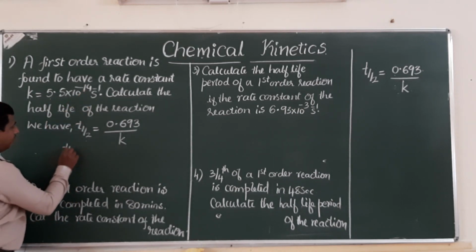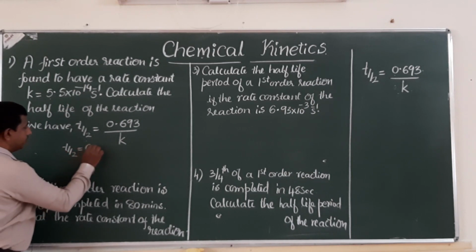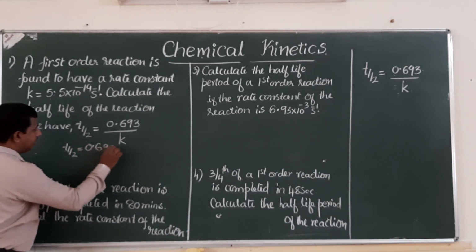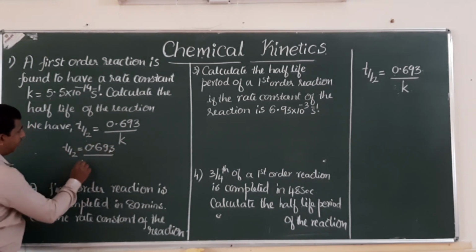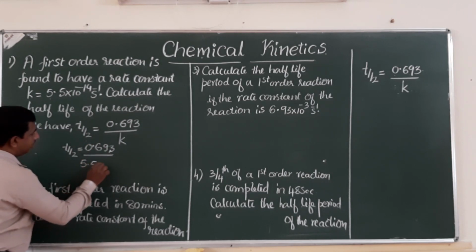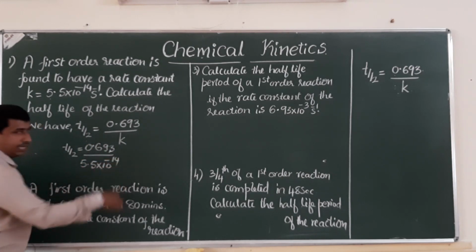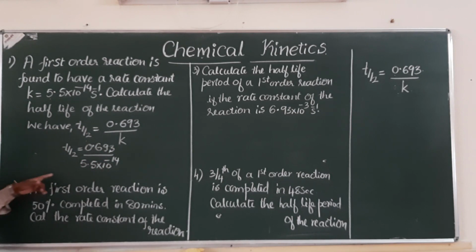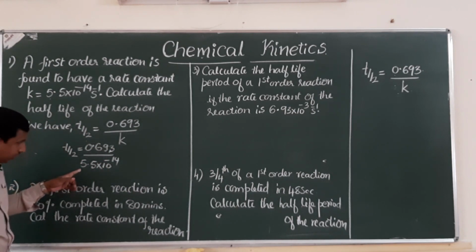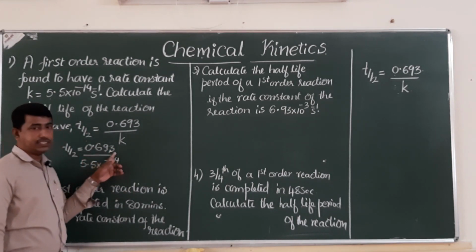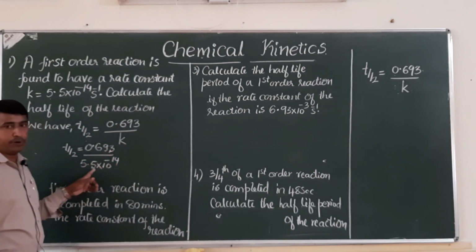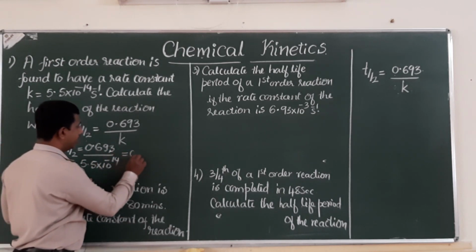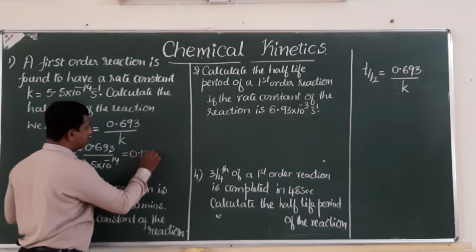So T half is equal to 0.693 by K, where the value of K is 5.5 into 10 to the power minus 14. 0.693 divided by 5.5 is equal to 0.126.